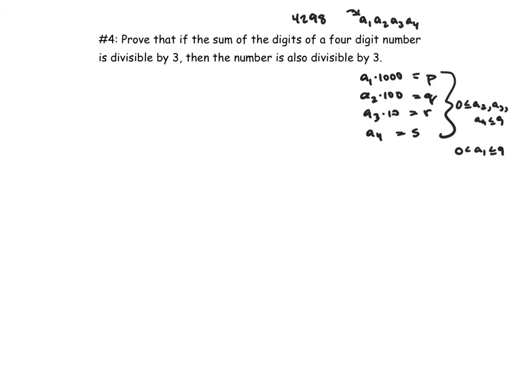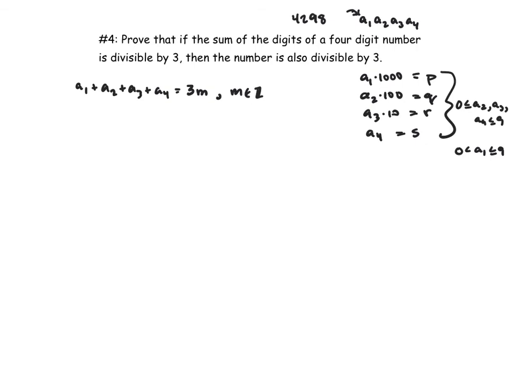So it says, prove that if the sum of the digits of a 4-digit number is divisible by 3. So the sum of the digits, not the digit itself. So the sum of the digits, A1 plus A2 plus A3 plus A4, is divisible by 3. That means I'm going to define M in this case as an integer.